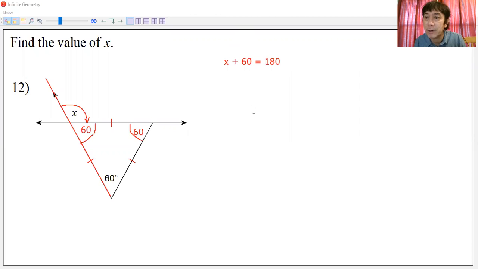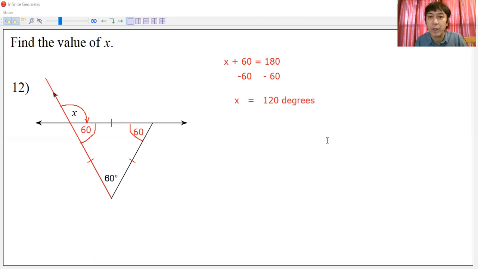And so you can solve for x. So we will start by subtracting 60 from both sides. There. And we shall get on the left side x and on the right side 180 minus 60. There. And so we have the answer.